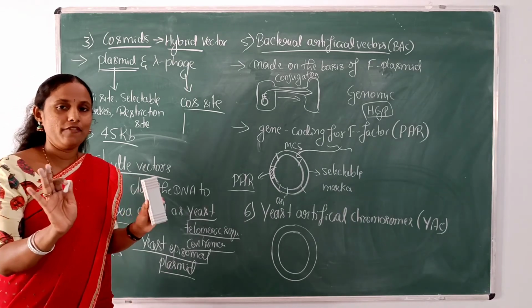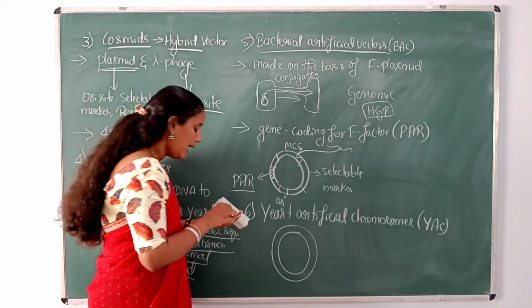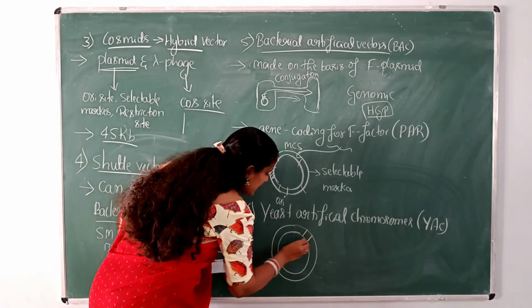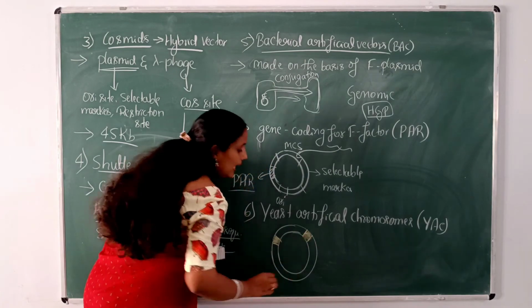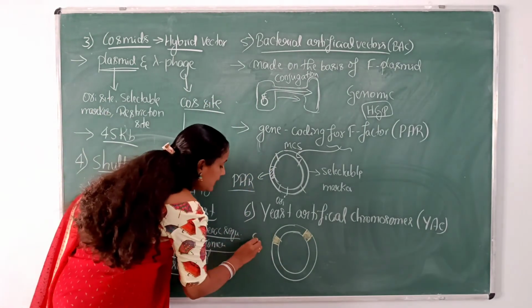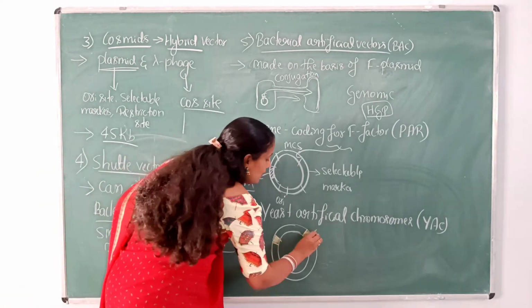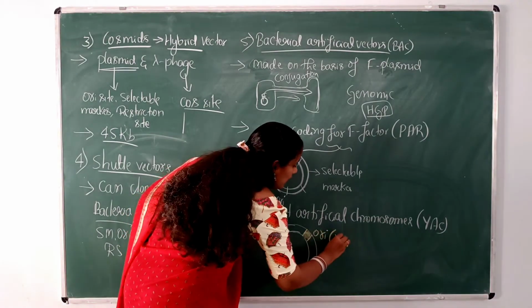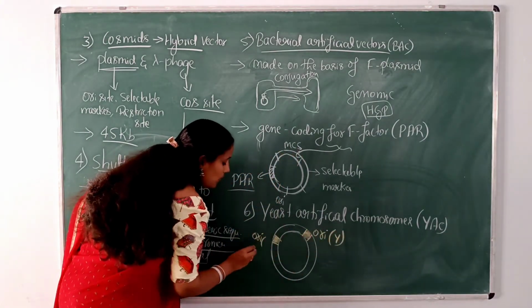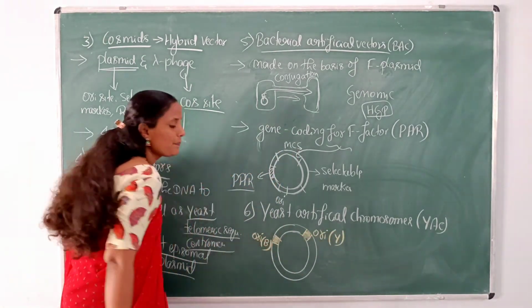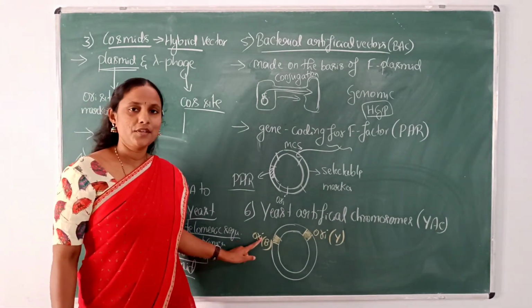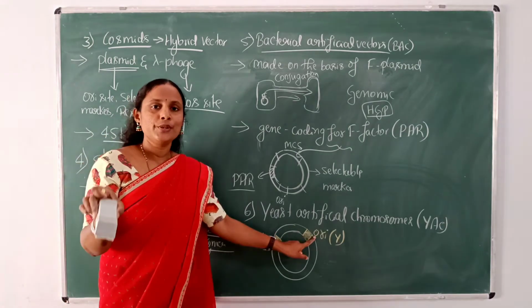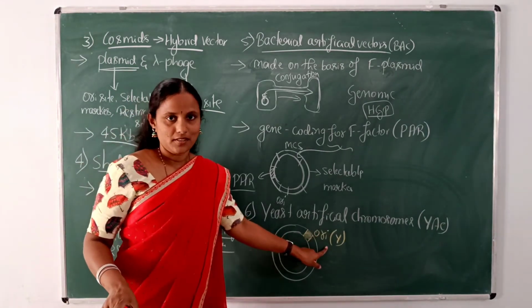So for that it has the requirements like the origins of replication for both bacteria as well as yeast. That means it has two origins. One origin is for yeast and one origin is for bacteria. So when it enters into a bacterial cell, this origin will work. When it enters into a yeast cell, this origin will work.